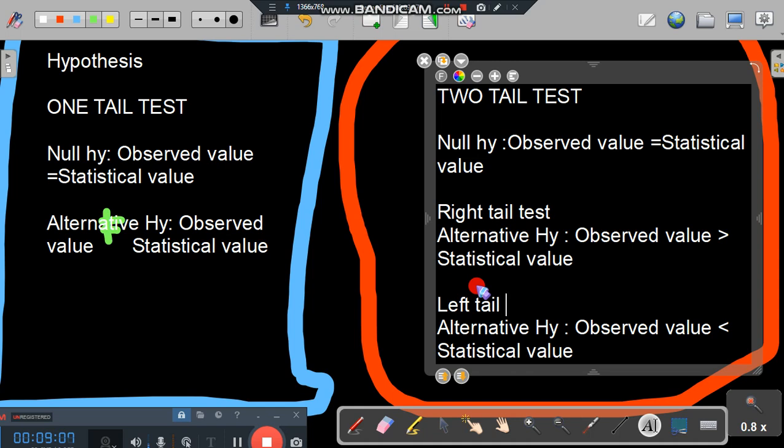So there are two tests in the case of the two-tail test: one is the right-tail test, the other is the left-tail test. One-tail test: the alternative hypothesis is that the observed value is not equal to the statistical value. In the two-tail case there are two alternatives. One is the right-tail test, where the observed value is greater than the statistical value. The second is the left-tail test, where the observed value is less than the statistical value.